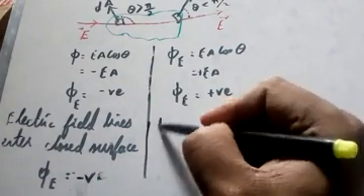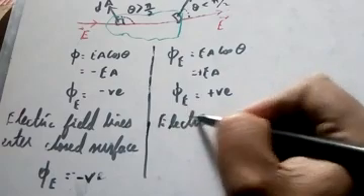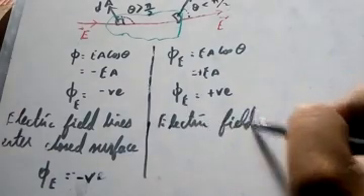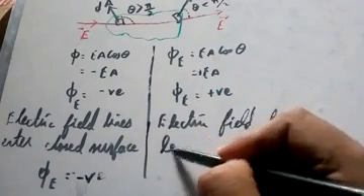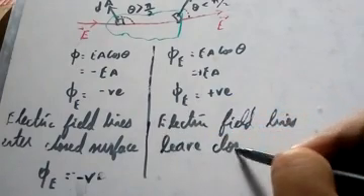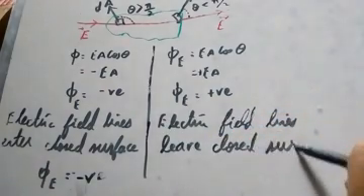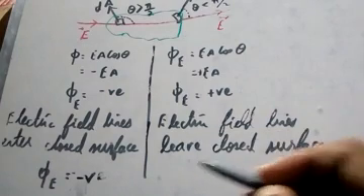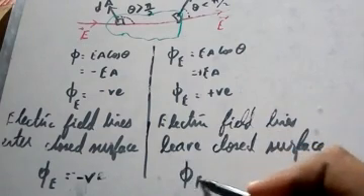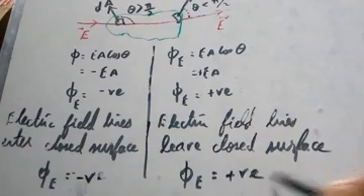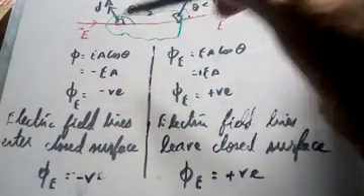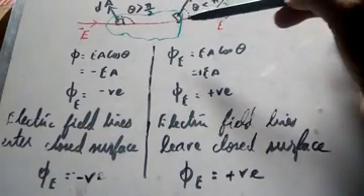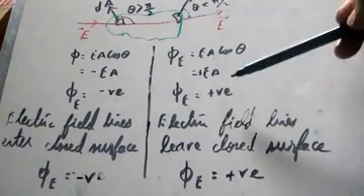And if the electric field lines leave the closed surface, then the electric flux phi E is positive. It's very simple. If they enter an object, it is negative. If the electric field lines leave the object, then the electric flux is positive.